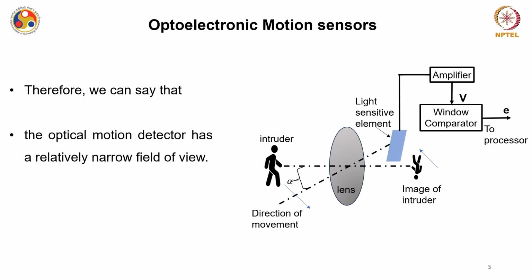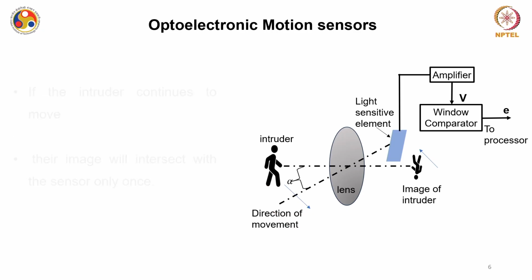This is what we meant with all those discussions. So, we can say that the optical motion detector has a very narrow field of view. Once this object has crossed this area, it will never cross again, so you will always have the comparator output as 0.